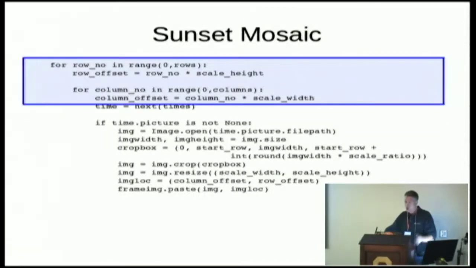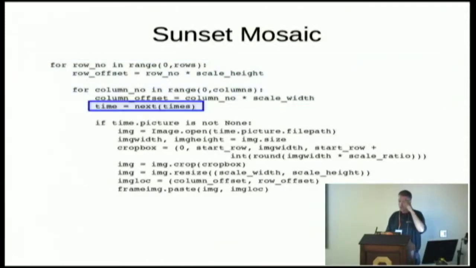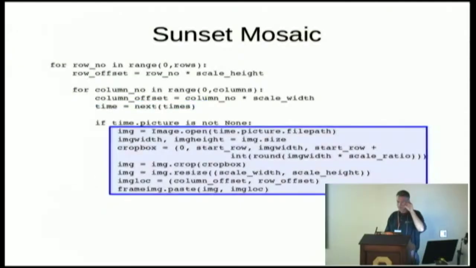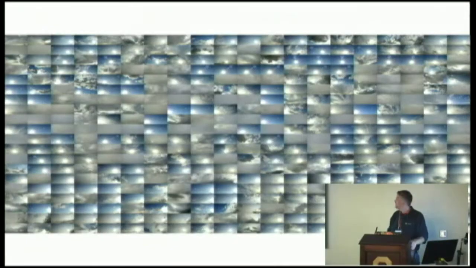So basically we're going to have some number of rows, some number of columns, and we're going to iterate through time, the same time each day, and then we're going to crop this image and put it in its row and column, and what it looks like is this. So this is the same time until sunset for 400 days, 20 by 20.